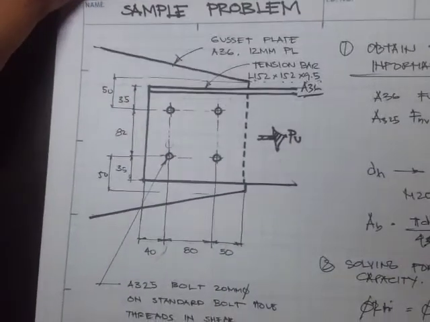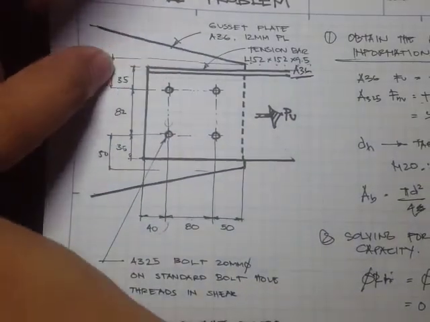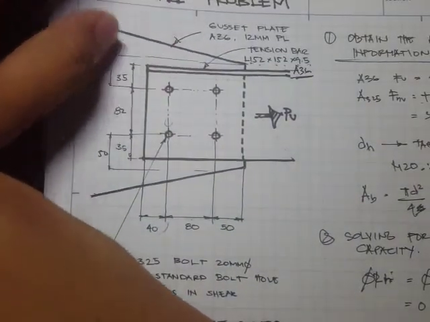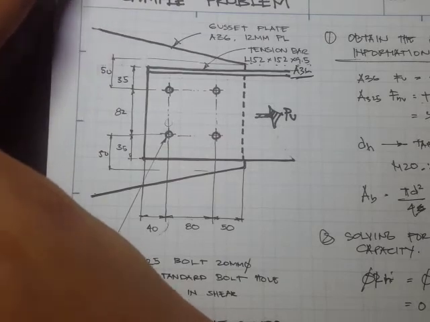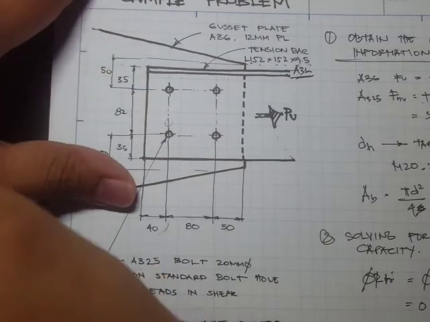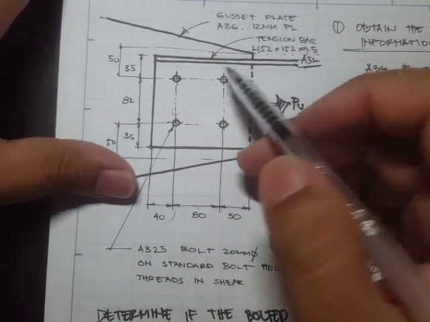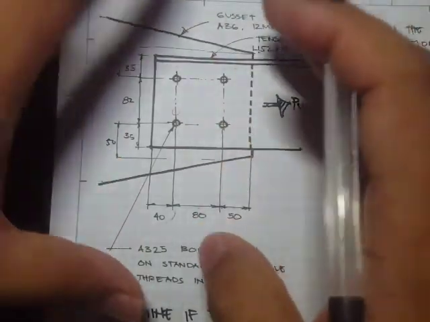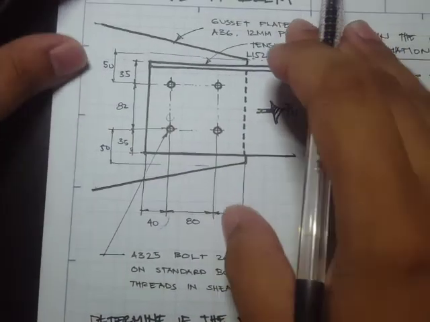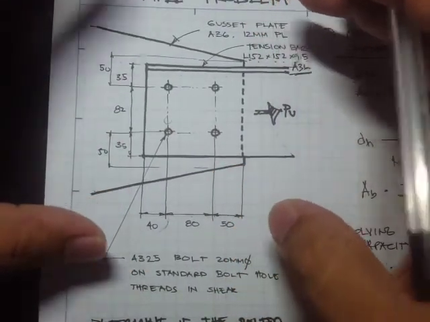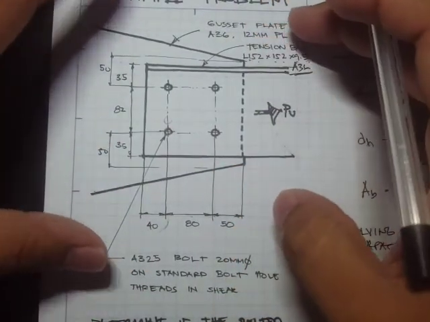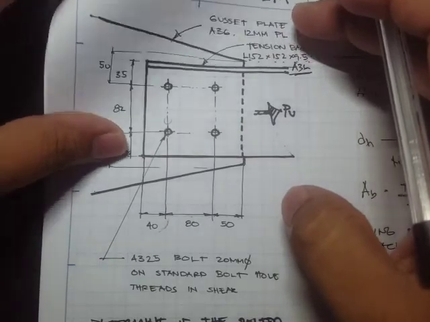Okay, so in review, this is our problem. Actually, this is an analysis type of problem, because if it's a design problem, then we are to determine the number of bolts and the geometry. But here we're actually given this geometry and details, and we just have to analyze.